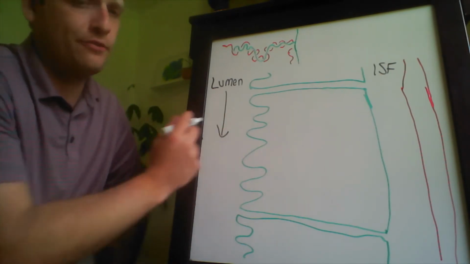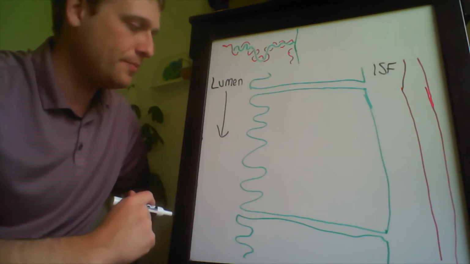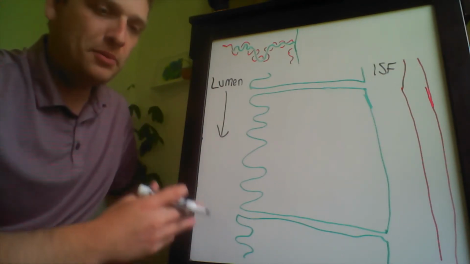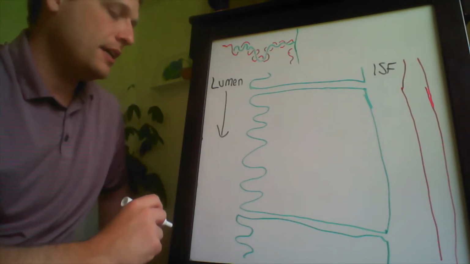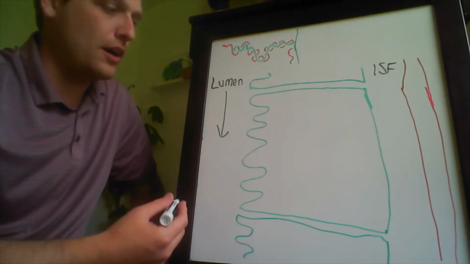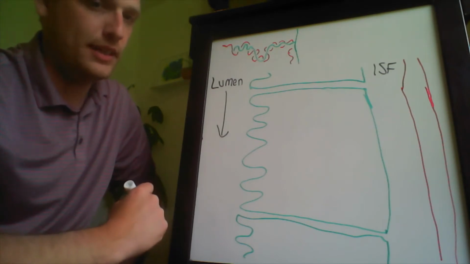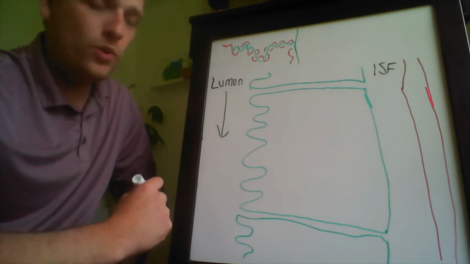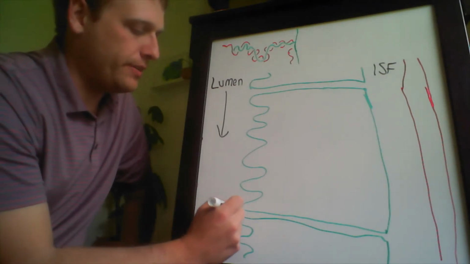So there's lots of reabsorption going on here in the proximal tubule, as we went over last time. But there's a couple of different ways that material can be reabsorbed. And the differences between these two are how these materials get out of the nephron. So one option is called the paracellular route.